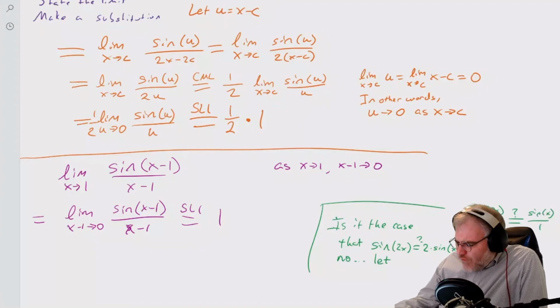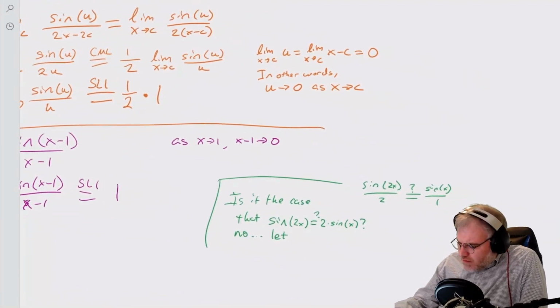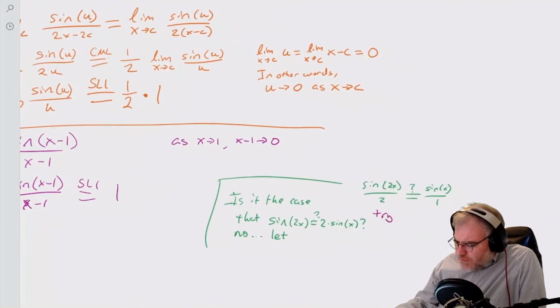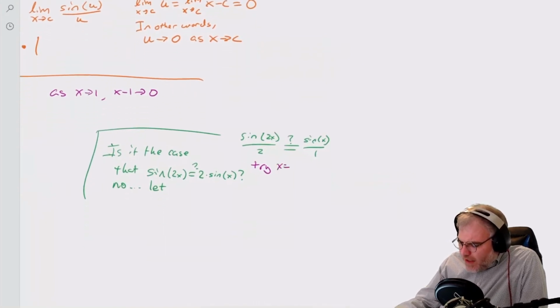If I put pi over 4 in here, this side is going to be 1 half. But this side is going to be root 2 over 2, or the square root of 1 half. Does that make sense? So, x equals pi over 4.